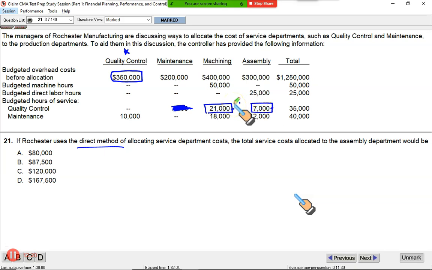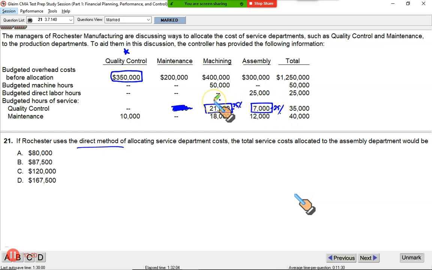So 21 by 28, it's 75. So 75% and 25%. Now gentlemen, what does it mean? It means total quality control cost, which is 350, is divided 75% to machining and 25% to assembly. Because 21 and 7,000, if you convert them in percentages, it is 75 and 25%.